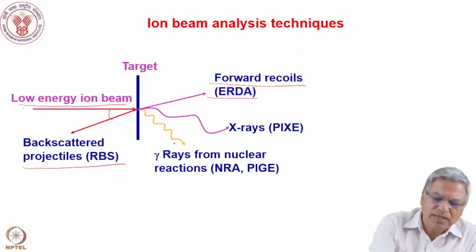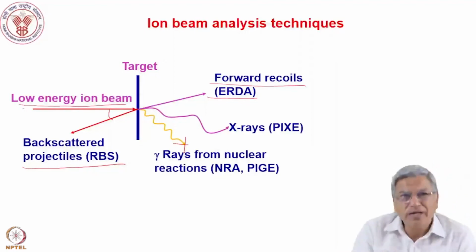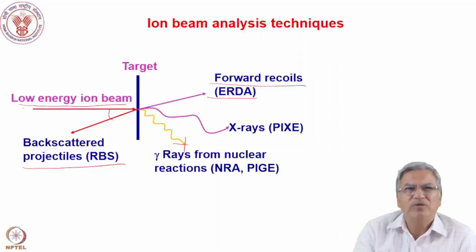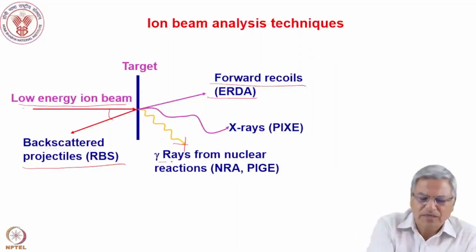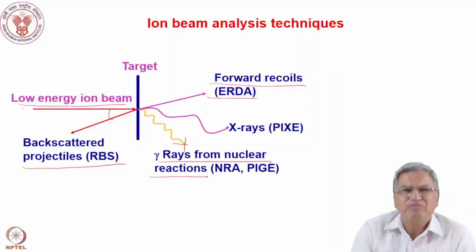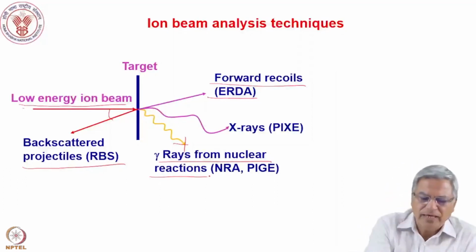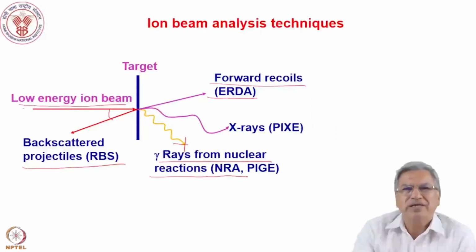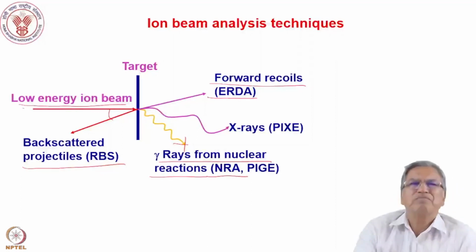There could be another type, nuclear reactions between the low energy ion beam and the nuclei in the target material, and these nuclear reactions can give rise to gamma rays. If you detect the gamma rays from these nuclear reactions, then the analysis based on them is called NRA, nuclear reaction analysis.